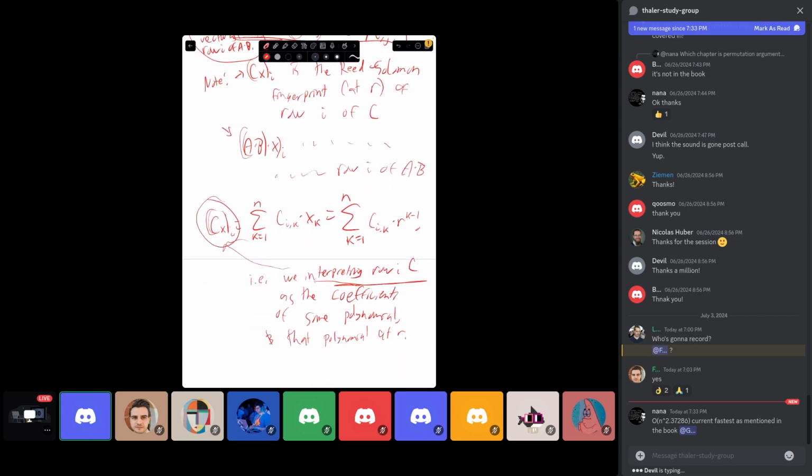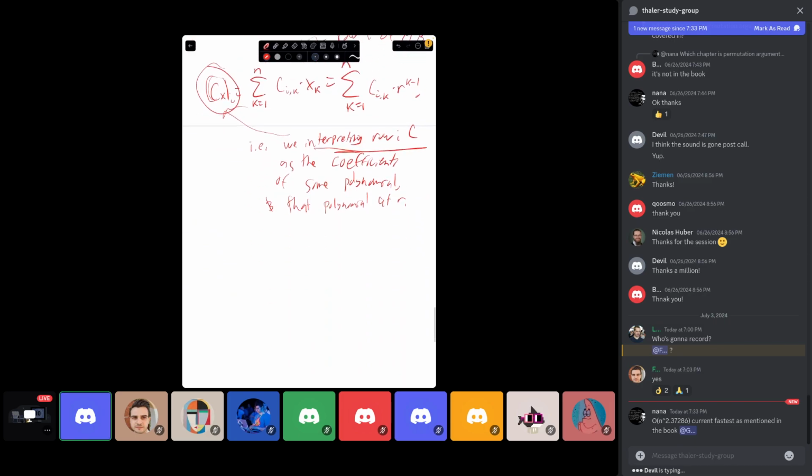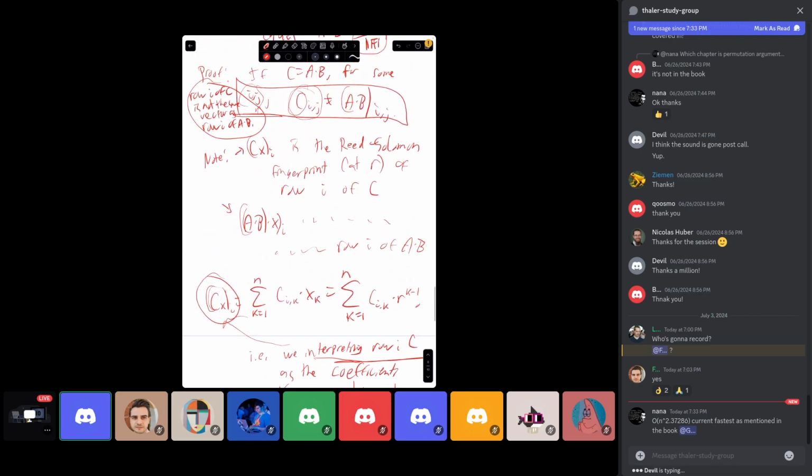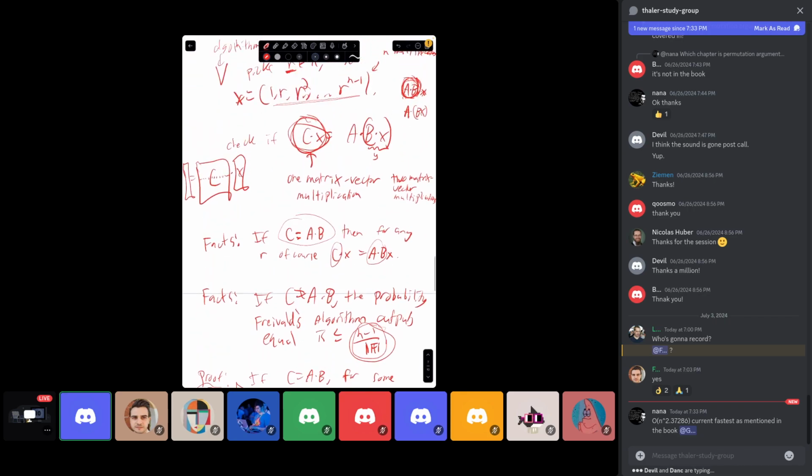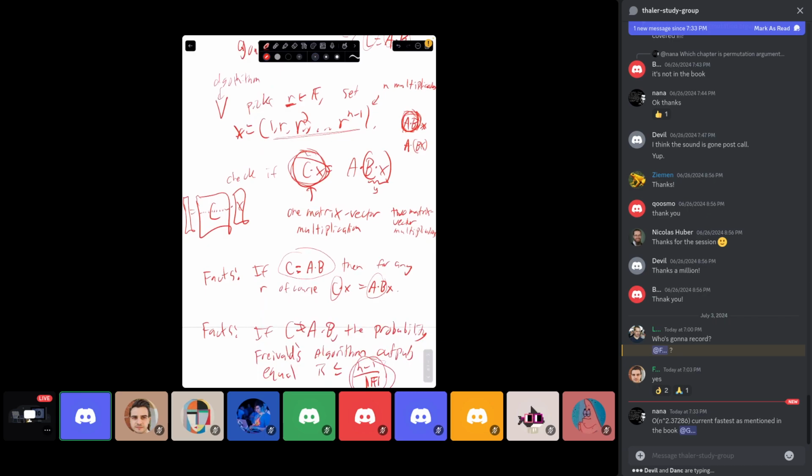It's just the ith entry of C times X. And so, as we explained with Reed-Solomon fingerprinting, if you compare the Reed-Solomon fingerprints of two different vectors, the probability the fingerprints match at R, even though the vectors themselves are not the same, is at most what I claimed up here, n minus 1 over the size of the field, where n is the length of the vectors. So that's the analysis of Freivald's algorithm.